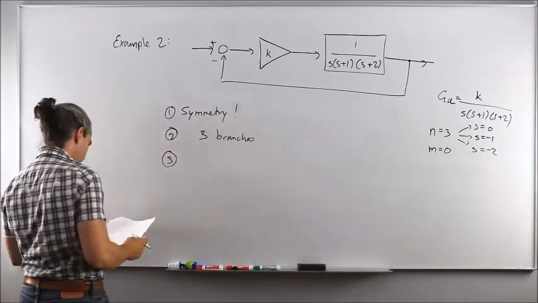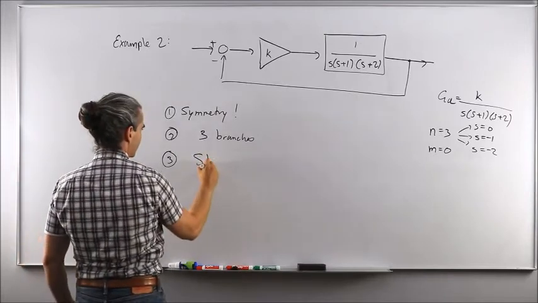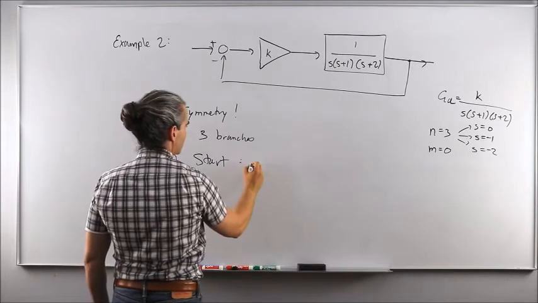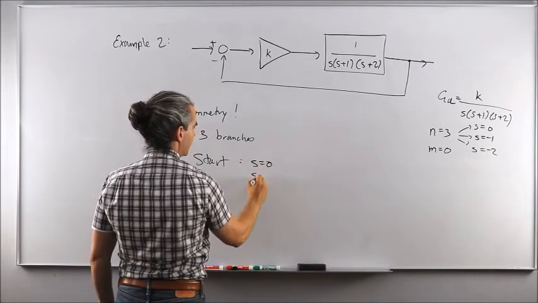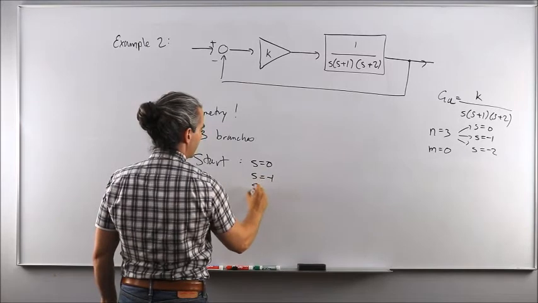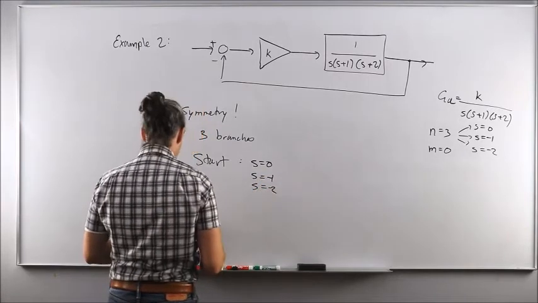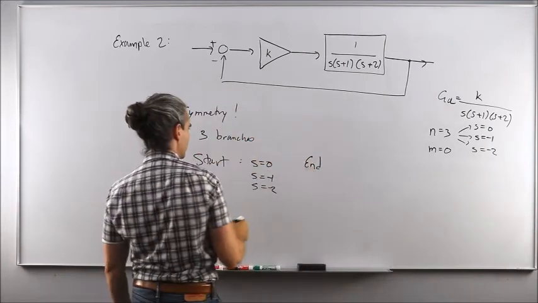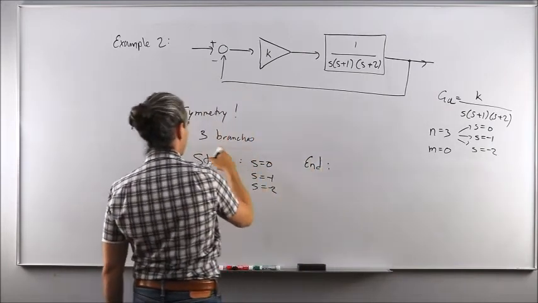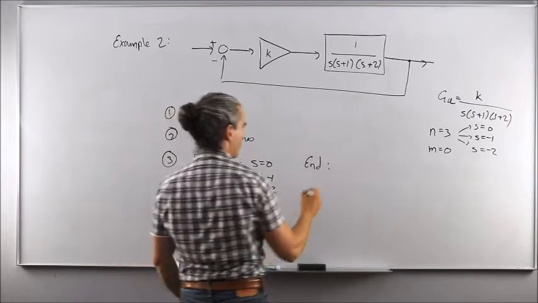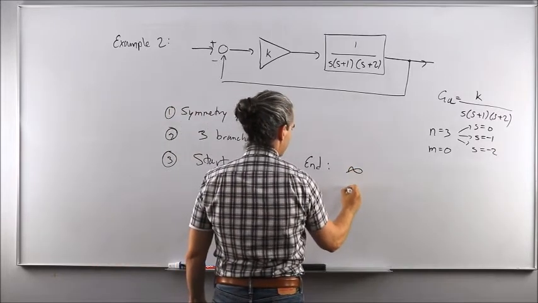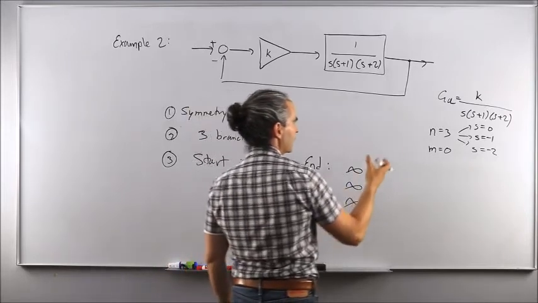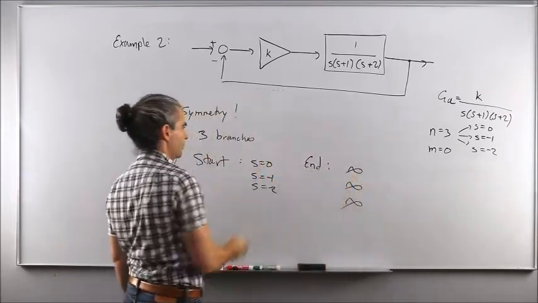Step 3. Where do they start? Well, they all start at the open loop poles: s equals 0, s equals minus 1, and s equals minus 2. Where do they end? My 3 branches. Well, the end points for my branches are all going to be infinity. Why? Well, because I don't have any zeros to catch any of those poles.